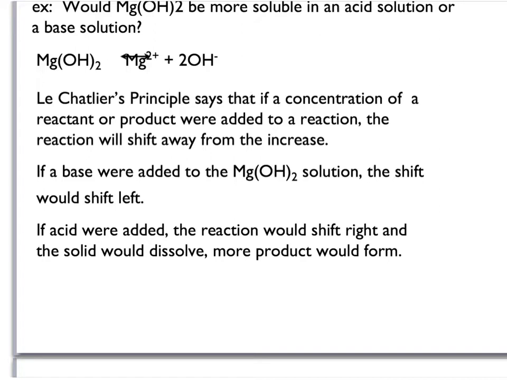Once you have that common ion, it's going to cause a shift so that less of the magnesium hydroxide would dissociate. So having a common ion is going to lower the solubility of a solid.